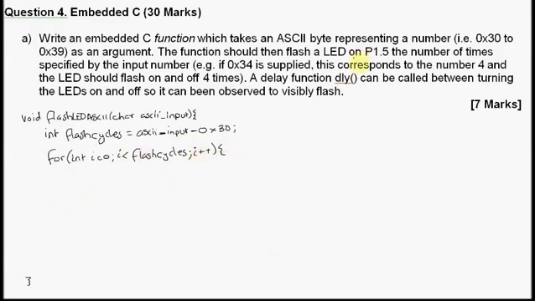And we want to turn the LED on, delay, turn the LED off, and delay. So we say P1OUT, so we set bit 5 to high to turn it off. Delay. Then we set bit 5 to low to turn it on. And we delay.